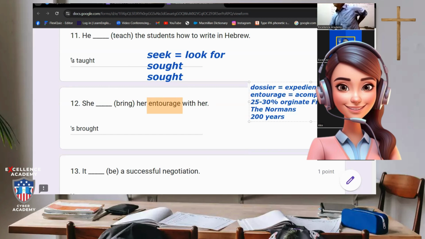Okay? Let's say it, everybody. That's a beautiful word. Entourage. Nice vocabulary, guys. Let's review. How do you say expediente? Dossier. Good. Acompañantes. Entourage. That sounds good. I like how you speak.